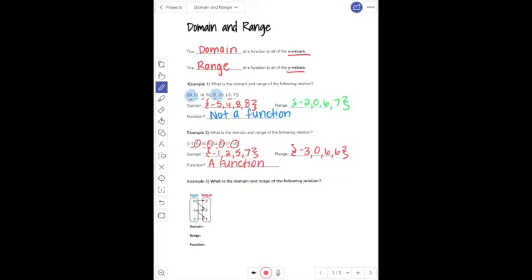All right, so when we have a map, remember in the last video, I said when you do mapping, it's best to make a table. So 0 maps to 3, 0 maps to 2. 2 maps to 2, and 2 maps to 1, and 3 maps to 1. So my domain, again, we're going to list those out.